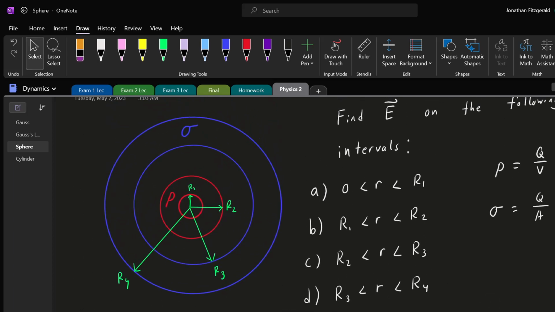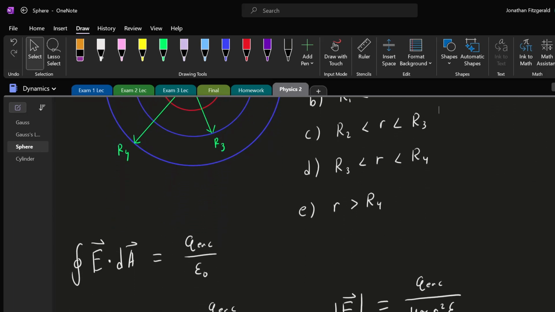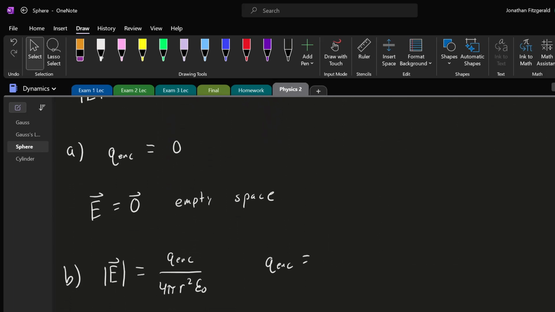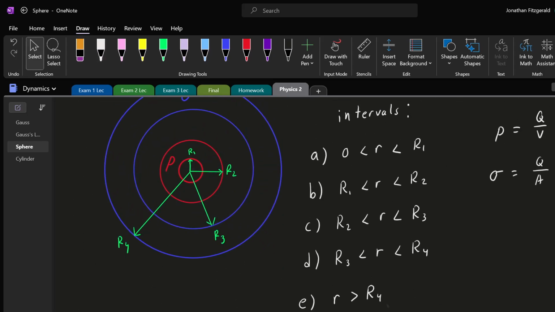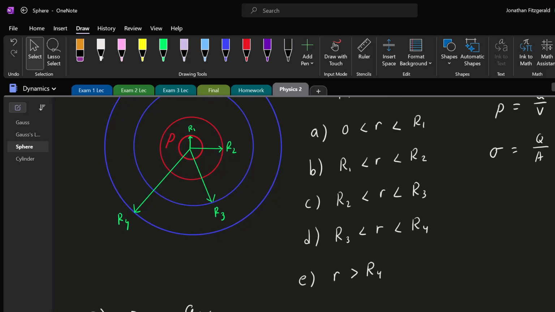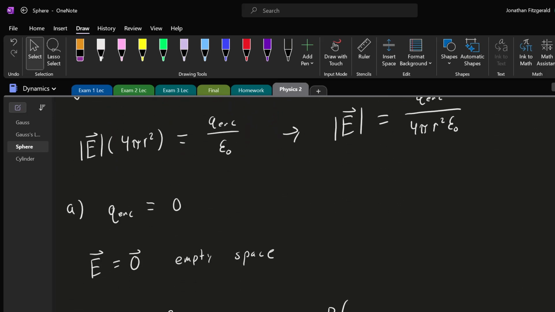It's the charge density times how much volume is enclosed. If we have rho times volume, we're just left with Q. That Q is going to be our charge enclosed. So it equals rho times, what's the volume of this little section? The volume of a sphere is 4/3 pi r cubed.